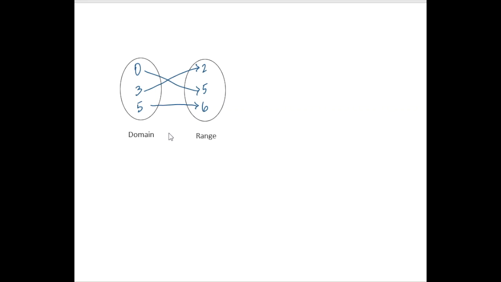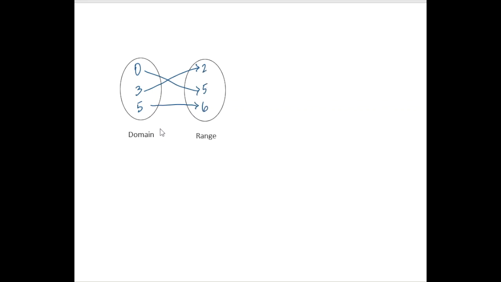Here's the example that we just looked at. Let me remind you that the only condition we need for this to be a function is that each input is assigned to exactly one output. That means in a diagram like this, you can have exactly one arrow coming from each input. And here we assigned a different output to each input.